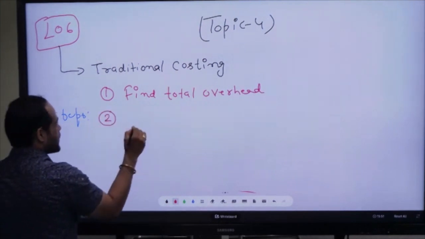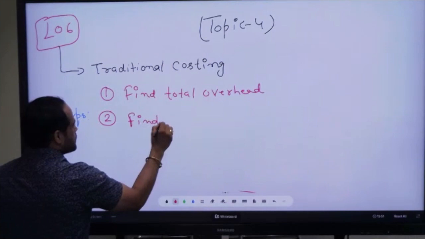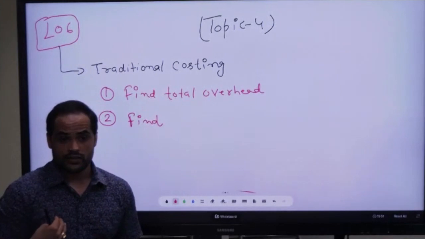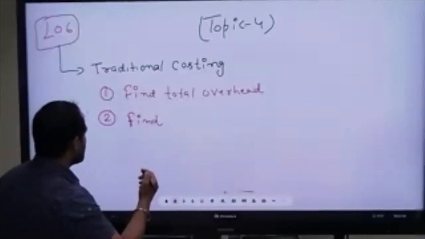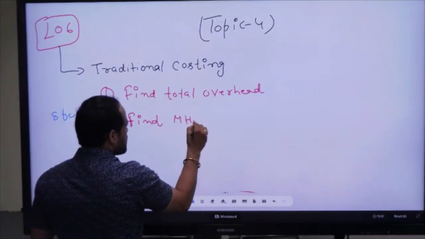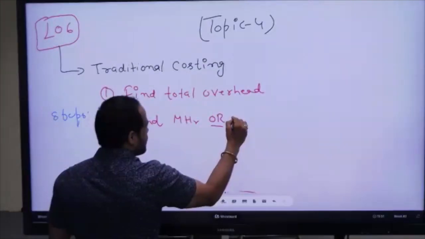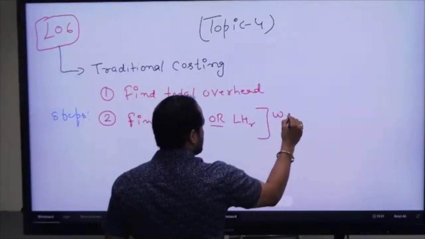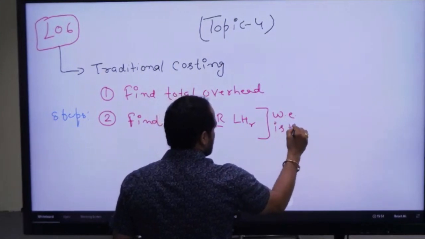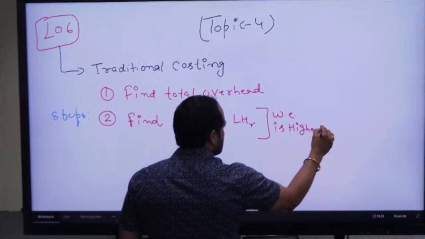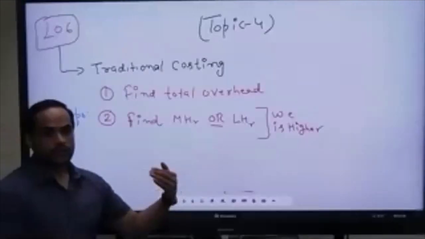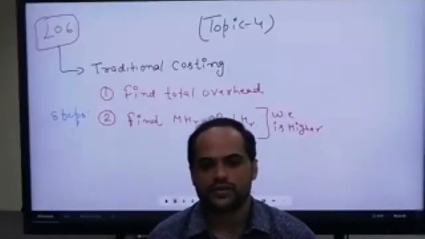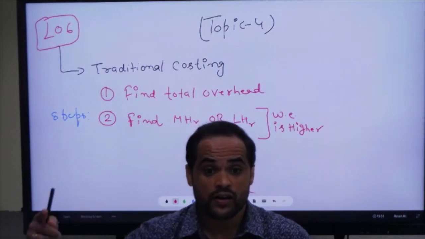Step 2 is find machine hours or labor hours, whichever is higher, right? So for example, in your question, you have some machine hours, which is 500 hours to produce the product, machine run 500 hours.